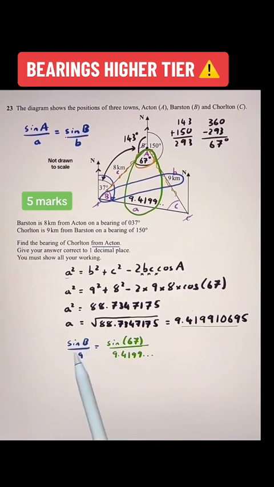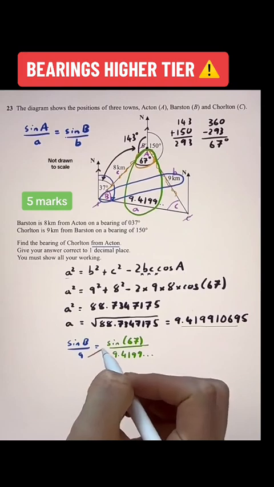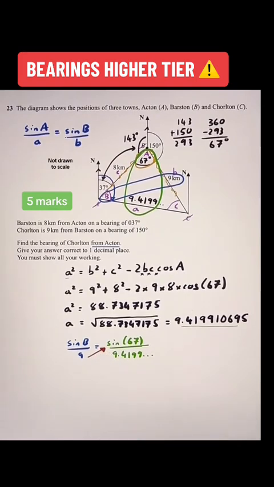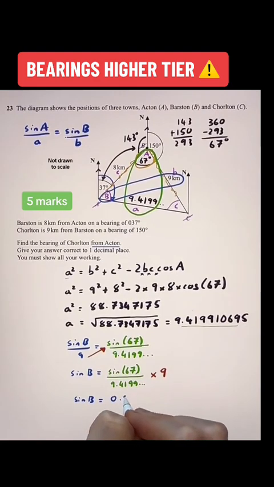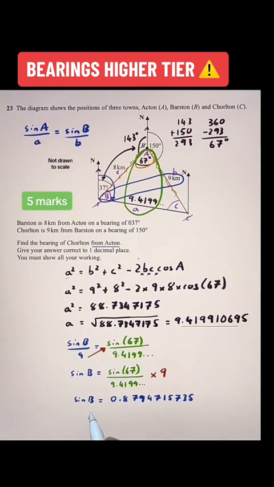As I want to find the size of the angle, I multiply both sides of our equation by 9. Leaving the left-hand side of my equation alone and substituting everything on the right-hand side into my calculator, I get sine of B is equal to 0.879. As I want to work out the size of the angle, which I call angle B, I leave B alone on the left-hand side. In this case, I must move the function, sine, across an equal sign.